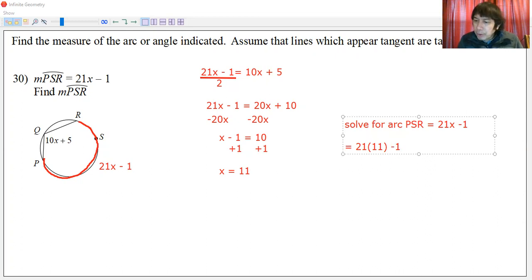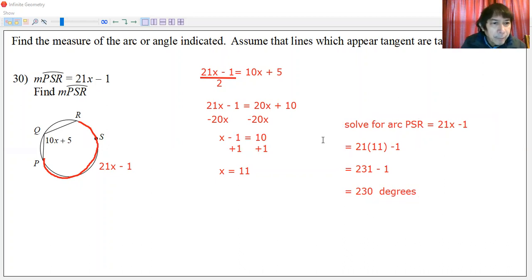So 21 times 11 is 231, and 231 minus 1 is 230. This is equal to 230 degrees.